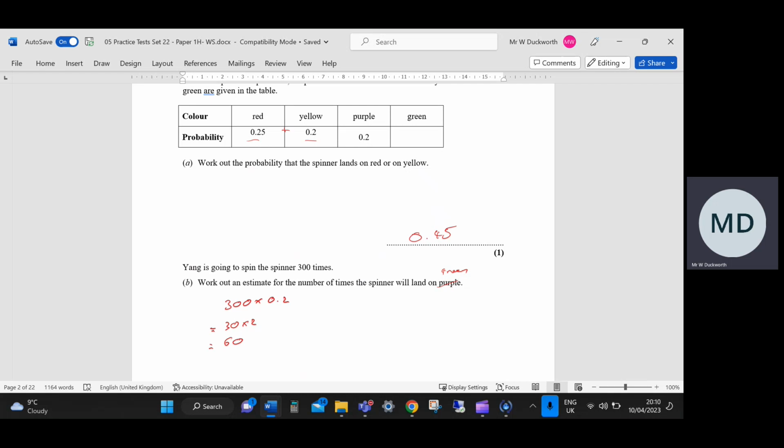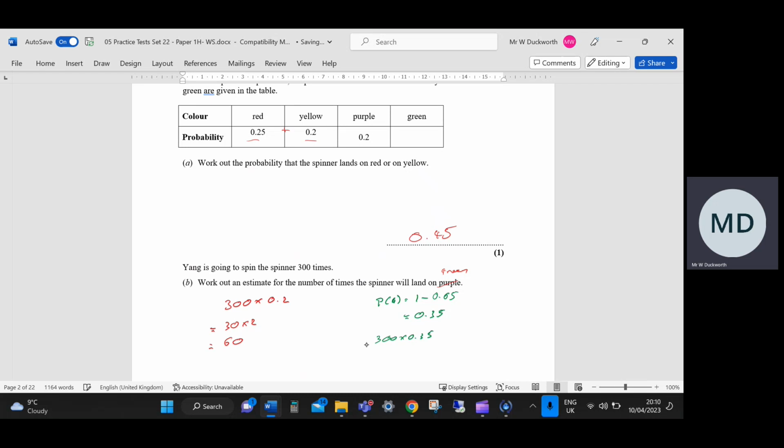So the probability of it being green is going to be equal to 1 minus the other 3 probabilities added together, which is 0.2, 0.45. So we're looking at 0.35. So the number of times we would expect it to be green would be 300 times 0.35.